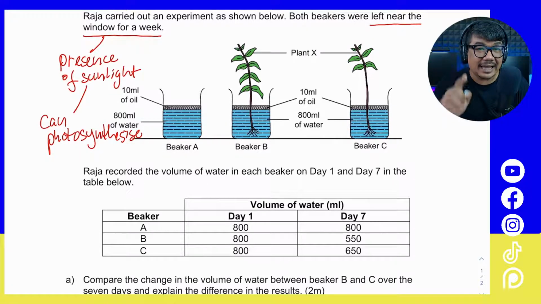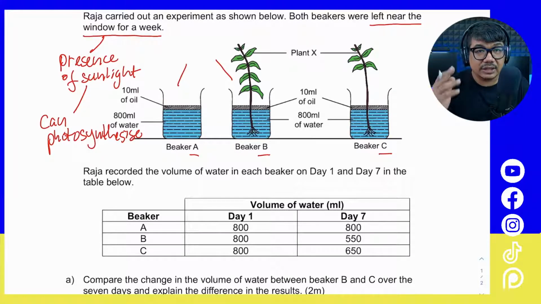Now let's take a look at this diagram here. We have got three beakers: beaker A, beaker B, as well as beaker C. First thing, when I am looking at this diagram, what I would want to look out for is the changed variable. In this question, between beaker A and beaker B, the changed variable is the presence of plant.